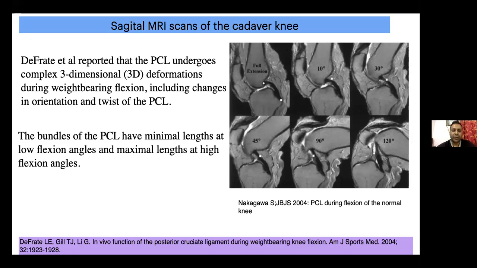DFM et al. reported that the PCL undergoes complex 3D deformation during weight-bearing flexion, including changes in orientation and twist of the PCL. They also mentioned that the two bundles of the PCL have minimal lengths at low flexion angles, that is in full extension, and the maximum length is found at high flexion angles.